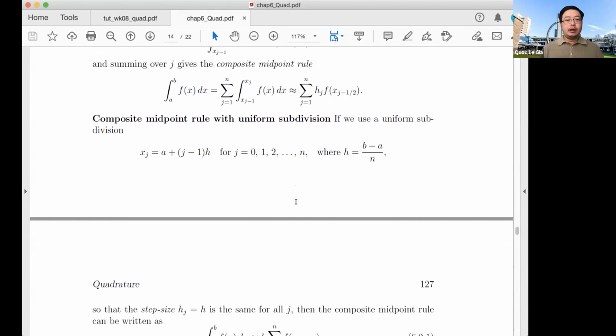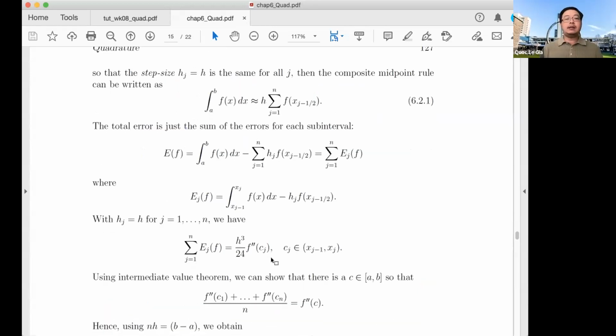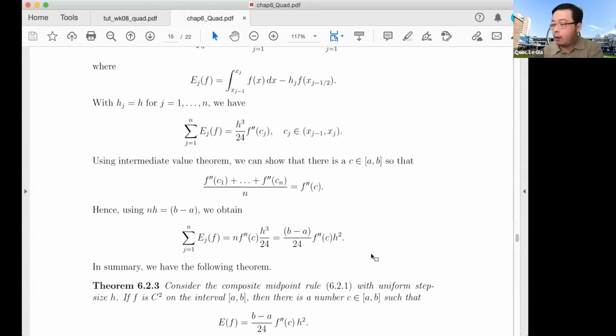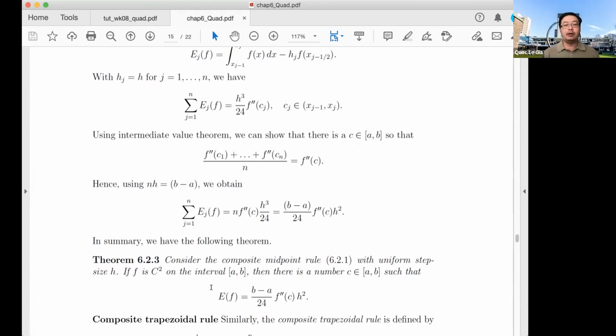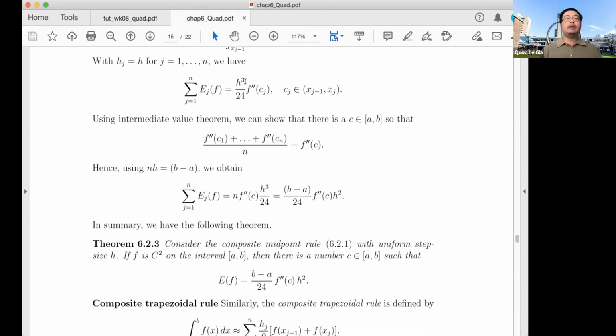And the error in this case is (b minus a) over 24 times f double prime times h squared. That is the formula. This can be proved by Taylor expansion.